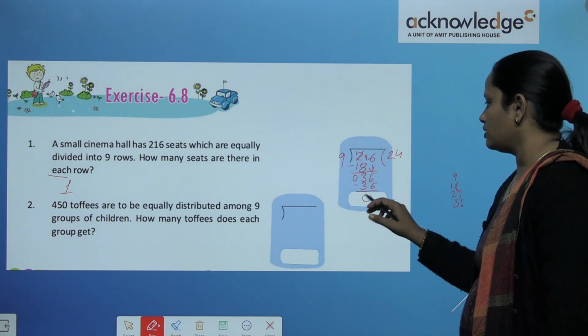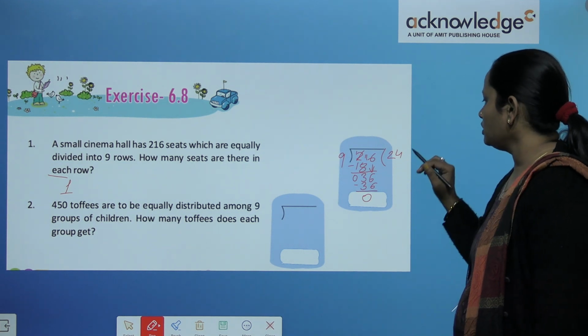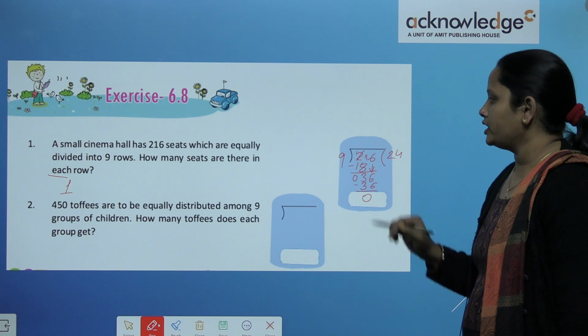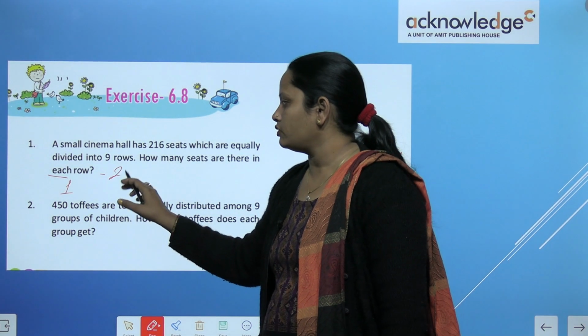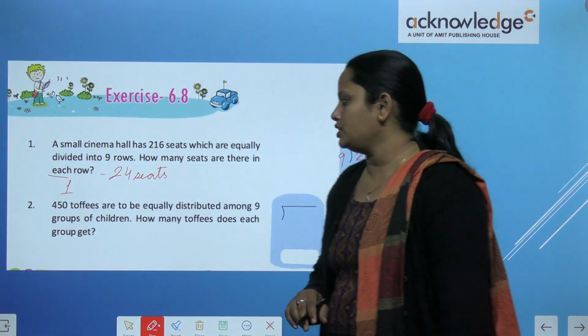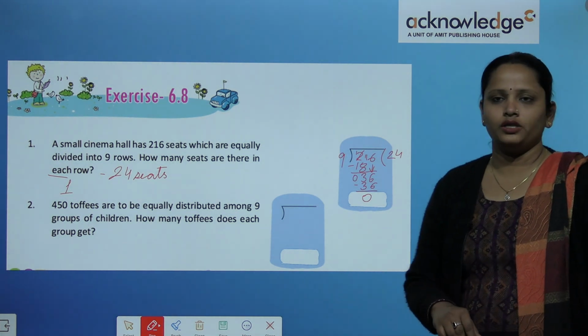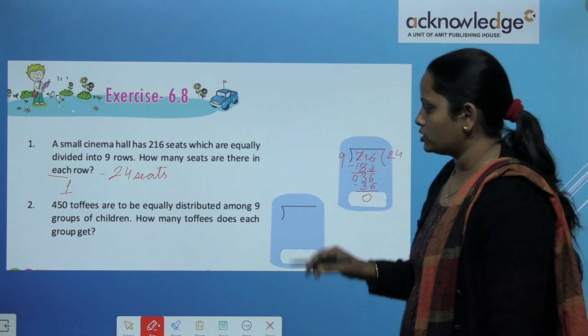Let's subtract it. We will get 0 here. So here there are 24 seats in each row. I hope this is clear to you children. Now similarly you have to do the next question.